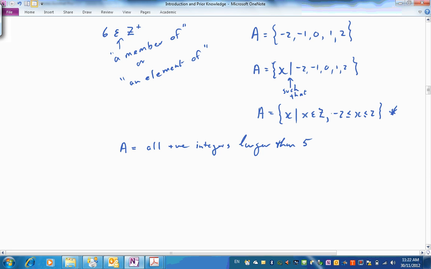That's a big set, isn't it? It keeps going. So we could say that is the set of n, which is a member of Z, integers, such that n is greater than 5. So that would be a way of representing all the positive integers larger than 5 without having to write them out. Well, you can't write them out, can you? They keep going for a whole infinite set. Okay, so are you getting the hang of it?